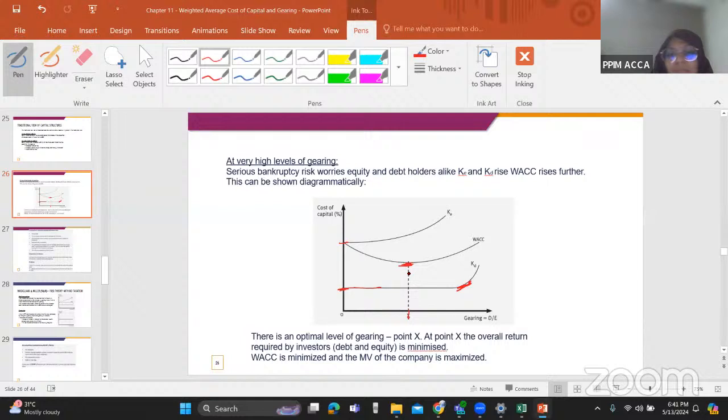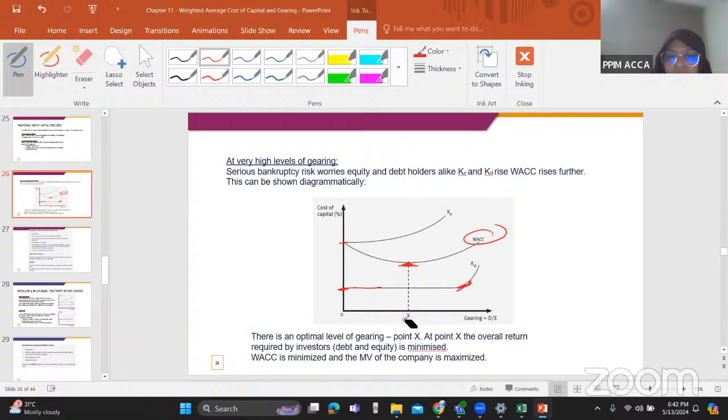So maybe you're taking 60% debt, 40% equity, or 70% debt, 30% equity. That exact point we don't know, but you have to find it through trial and error. At that point, when you calculate the weighted average cost of capital, you will notice that it is at its minimum. According to the traditional theory, we should somehow try to find this point, this X.